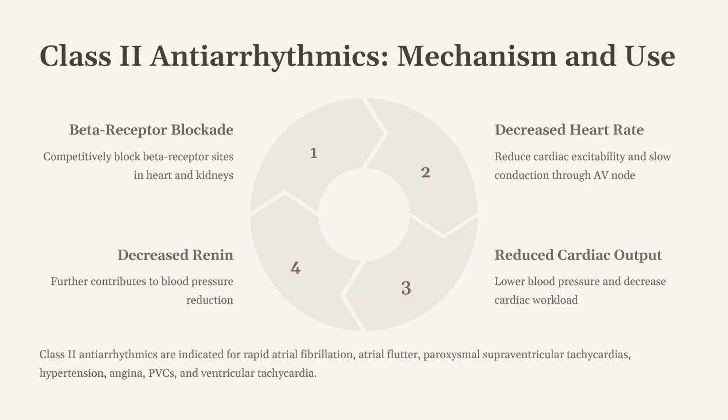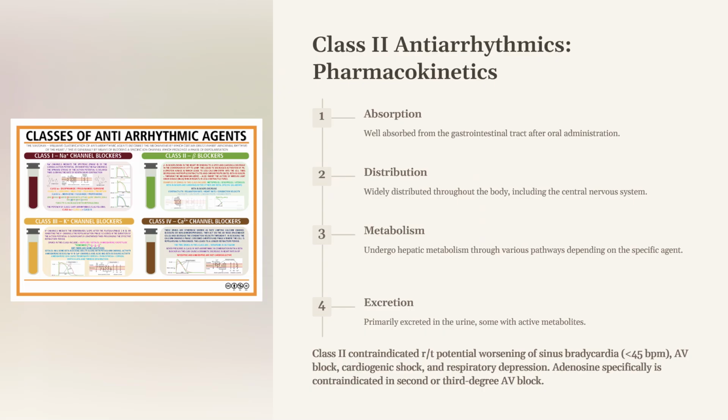Also can be used to treat hypertension, angina, and premature ventricular contractions, and only one of these, not beta blockers, treats VTAC. I do have a note here that adenosine is the drug of choice for SVT if vagal maneuvers aren't effective. Vagal maneuvers, like asking somebody to cough or bear down.